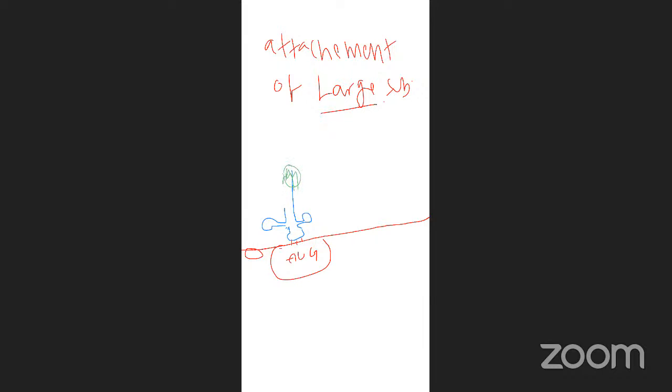This is the aminoacyl site, this is the exit site, and this one is the P site. After scanning, the P site and AUG are settled at the same time. Is it okay? Now the large subunit attaches.